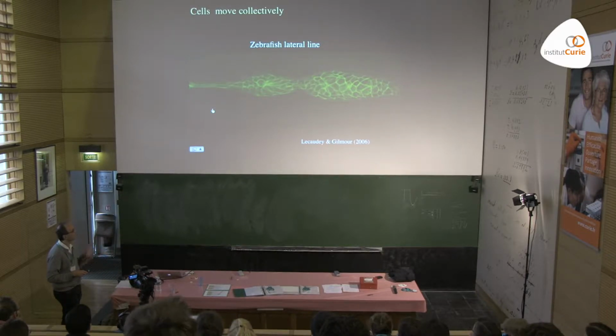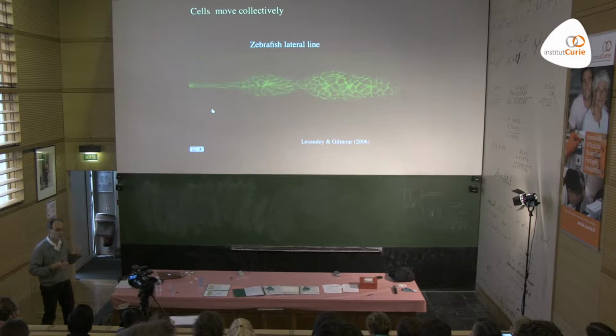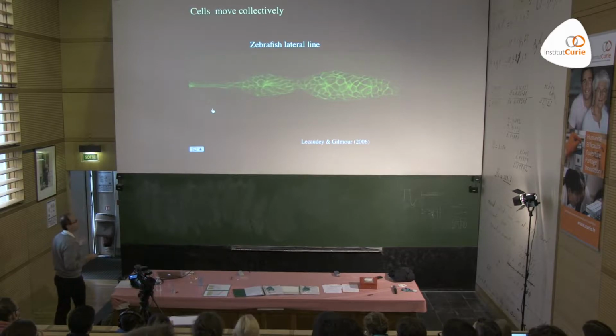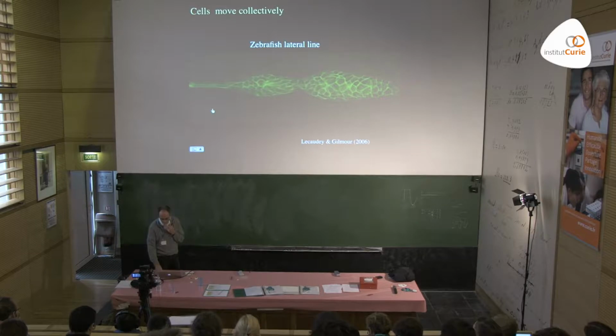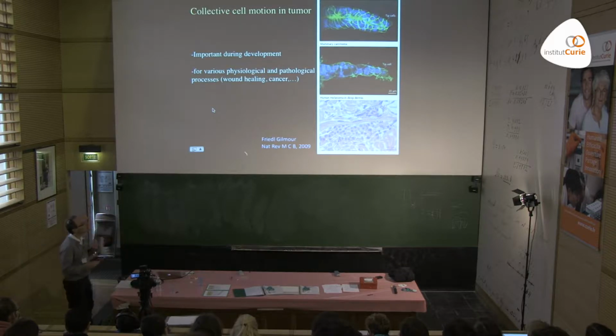Sometimes they do bad things when they are tumor cells. But now more and more it has been realized that cells can not only move as single cells but move together, and that's the case in many steps in biology. Of course, one of these is pathology.